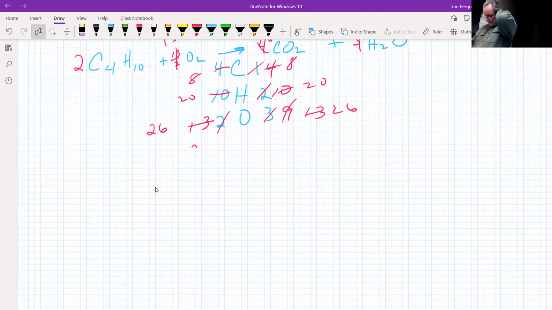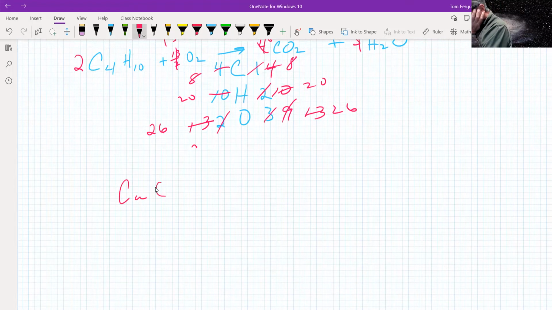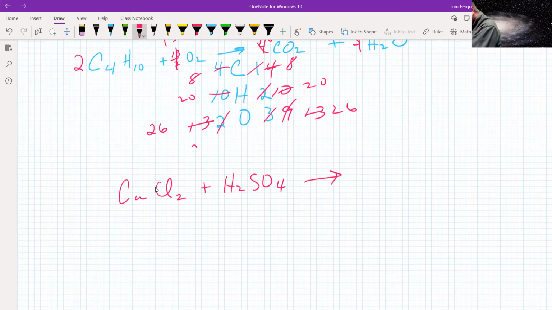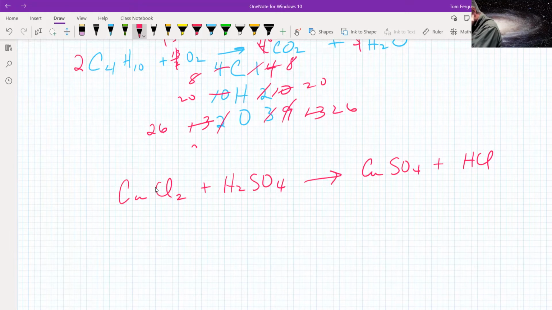Let's do another one. So we have cupric chloride plus sulfuric acid gives us copper.